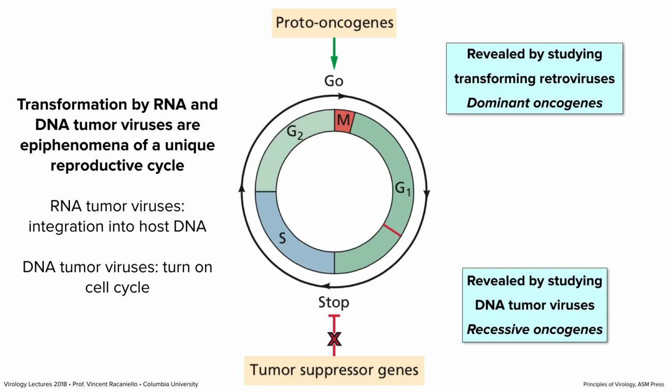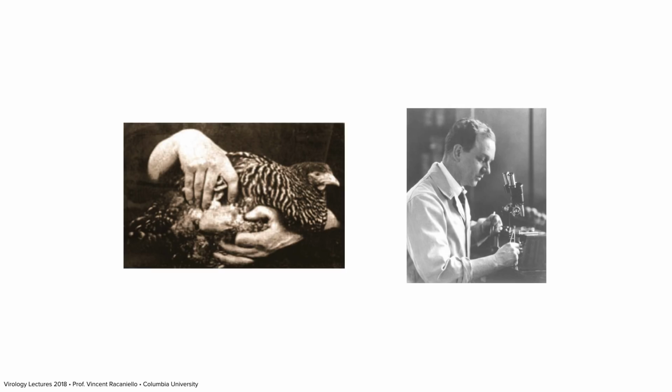So we've discovered proto-oncogenes, genes that regulate the mitogenic cycle, that get the cell cycle through mitosis. These are all what we call dominant oncogenes. And then the DNA tumor viruses revealed how the checkpoints work. And these we call recessive oncogenes. And what I really find amazing is it all began with a chicken with a tumor and curiosity.